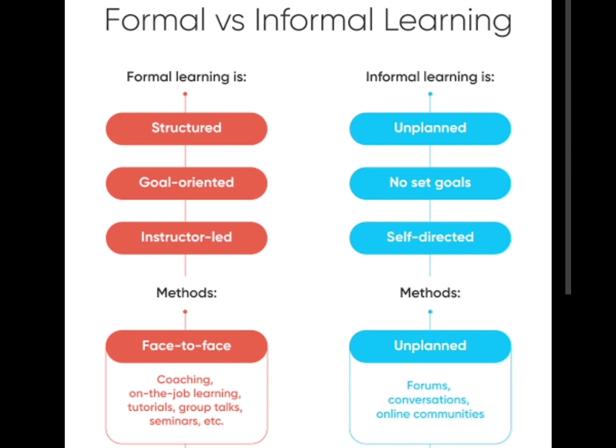Okay, and the methods of informal learning system, that is unplanned. So basically, informal education is learned from family, peer group, society, and the environment. So that's why there is no fixed methods of informal education system.